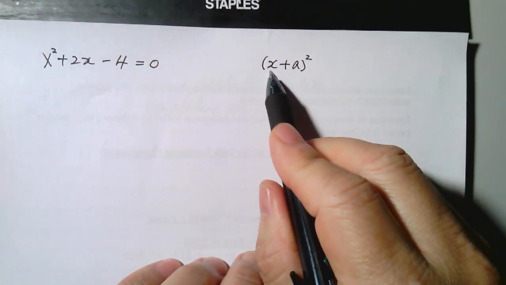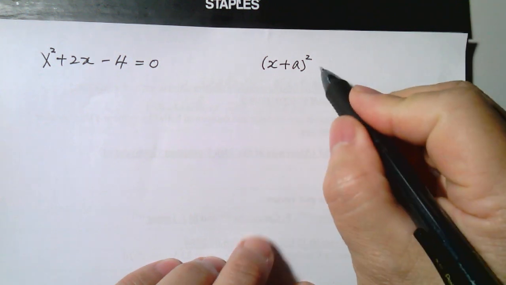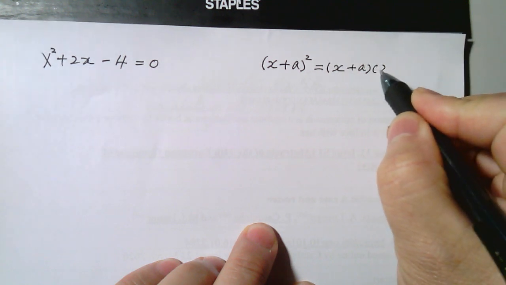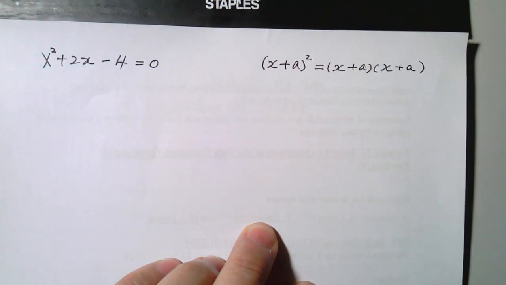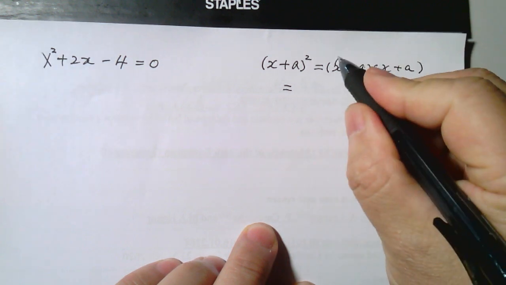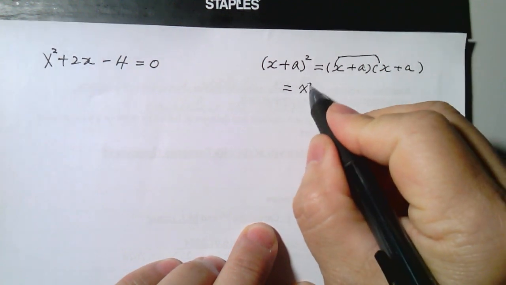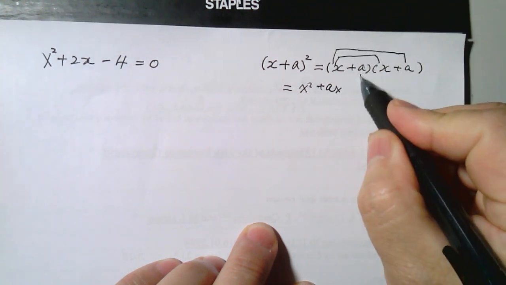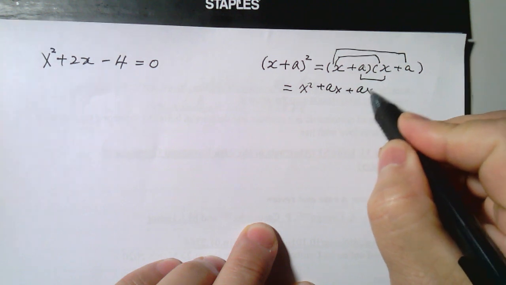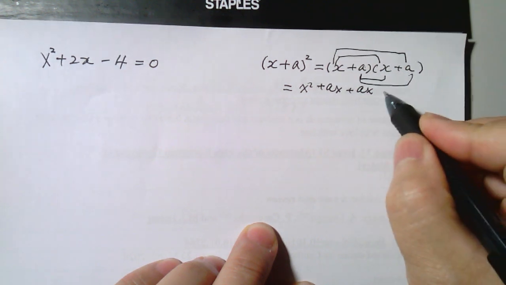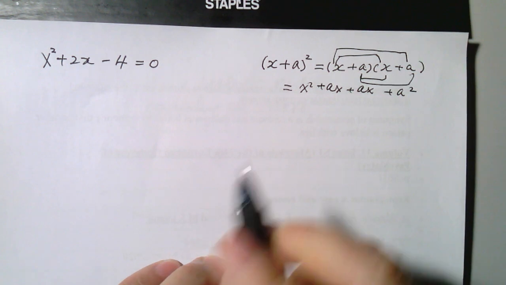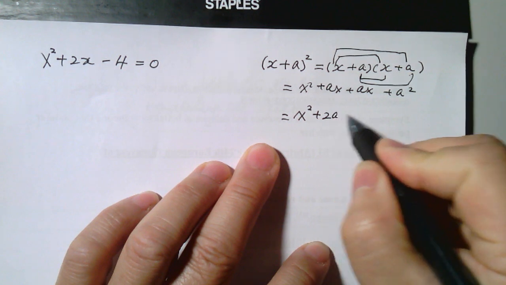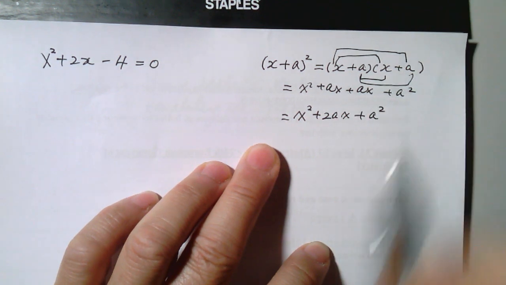When we expand the perfect square using the FOIL method, (x + a) times (x + a), we get x squared, x times a, which is ax, a times x, and a times a, which is a squared. Now we combine the like terms, and we get x squared plus 2ax plus a squared.